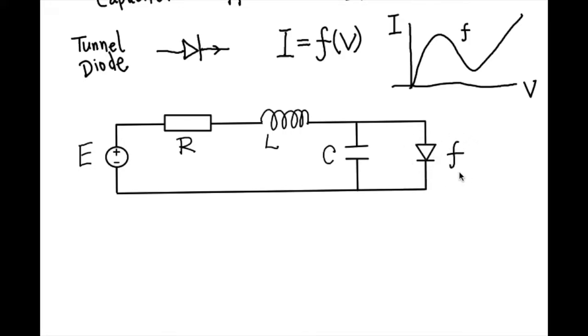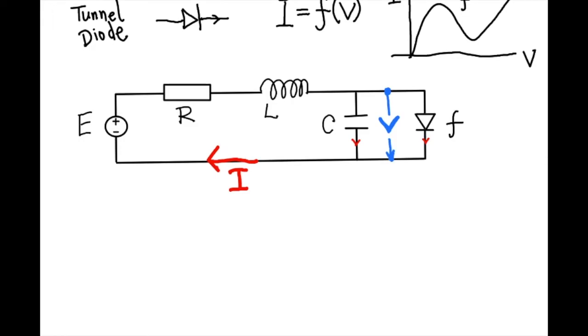Its characteristic is given by this function f. The equation that we want to write is about the unknown current I in this line, and the voltage decrease between those 2 points, that is, the voltage decrease over the capacitor or over the tunnel diode.